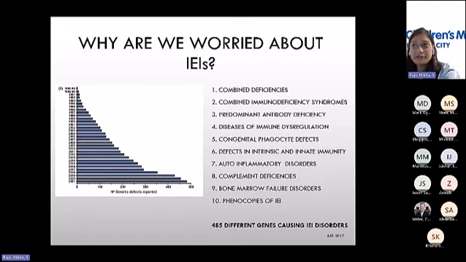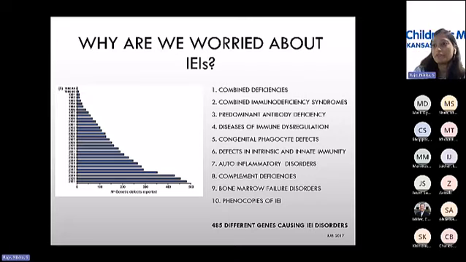Regardless, the 10 categories of IEIs are mentioned here, and sometimes you will see that the IEI you are looking for can switch the category based on the knowledge at that time and the predominance of the part of the immune system it affects. But overall, the classification goes over the part of the immune system that it affects, whether it's combined immunodeficiencies or just the B cells or antibodies that are affected, versus if there is a phagocytic defect or complement defect.